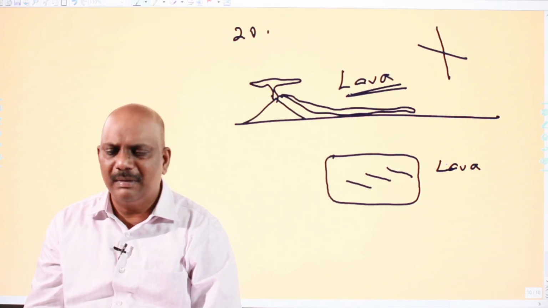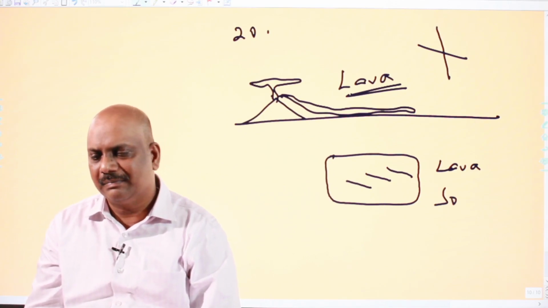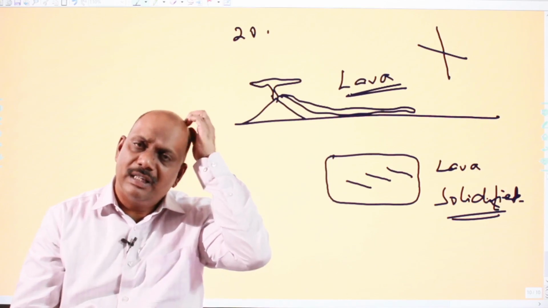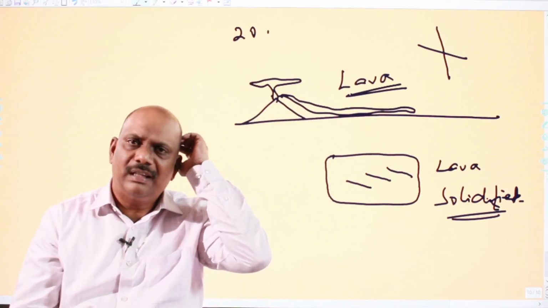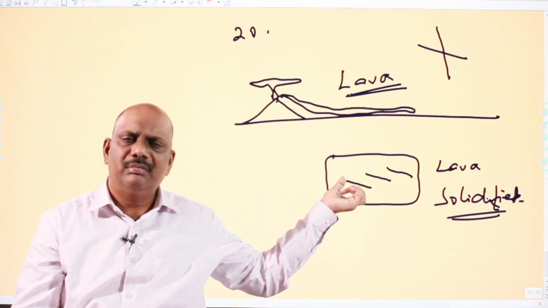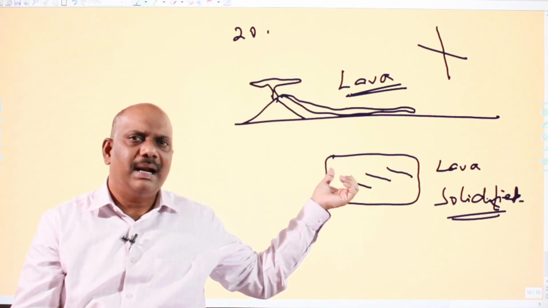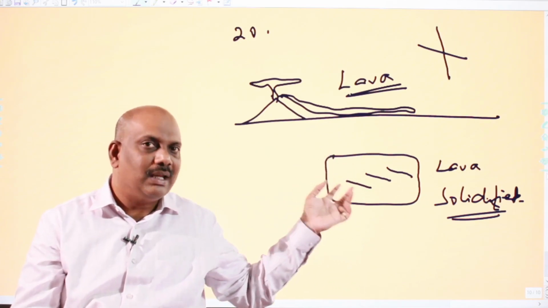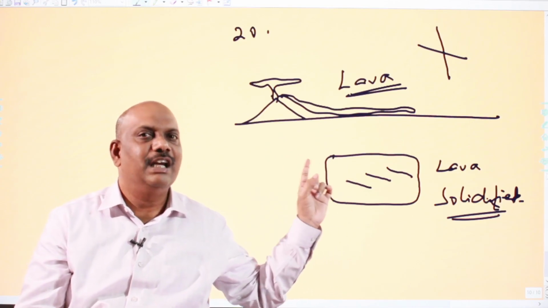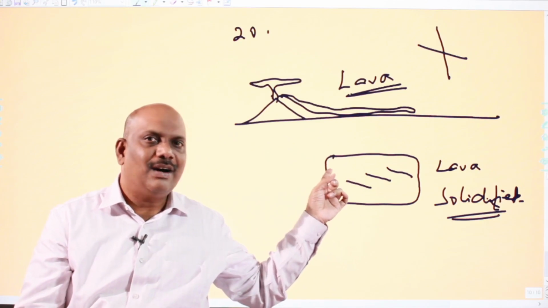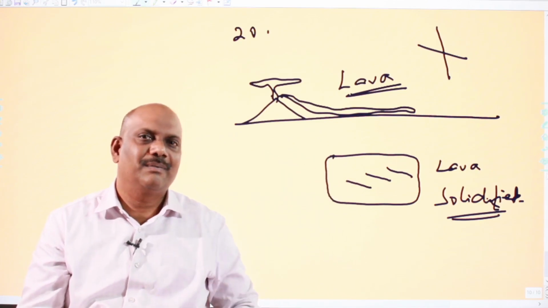Correct? After some time, the lava will get solidified. And once the lava gets solidified, is there any possibility for these magnetic particles to change position? No. Earth's magnetic field may change, but these magnetic particles cannot reorient themselves towards the changing magnetic field. So these magnetic particles here record the age of the rock.